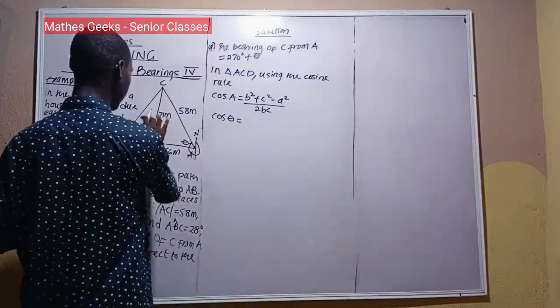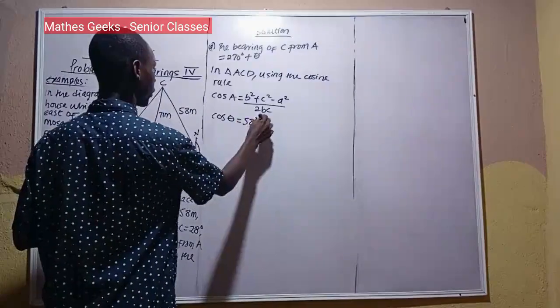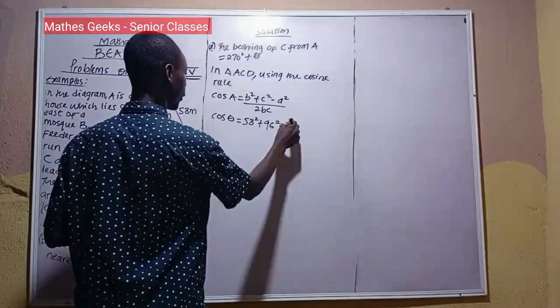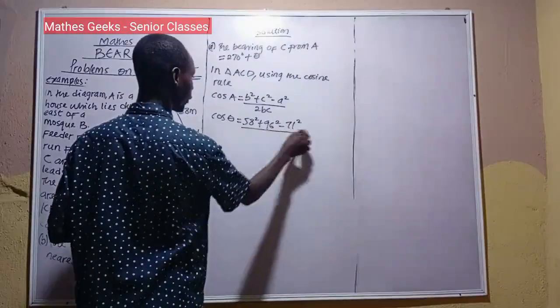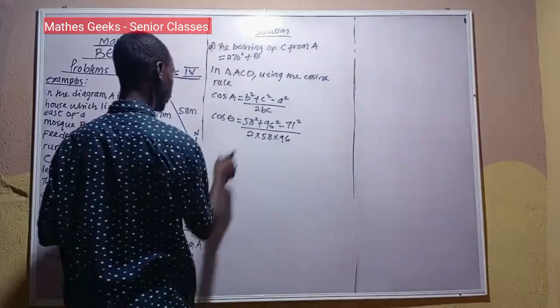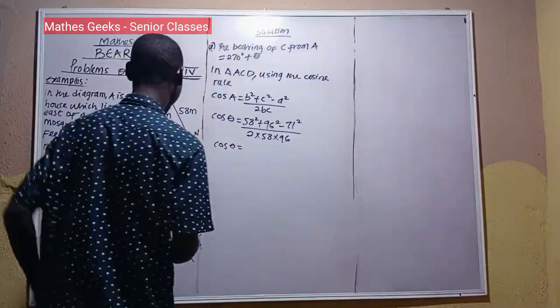So a squared will be this side, 71 squared, so cos theta is equal to 58 squared plus 96 squared minus 71 squared over 2 times 58 times 96.